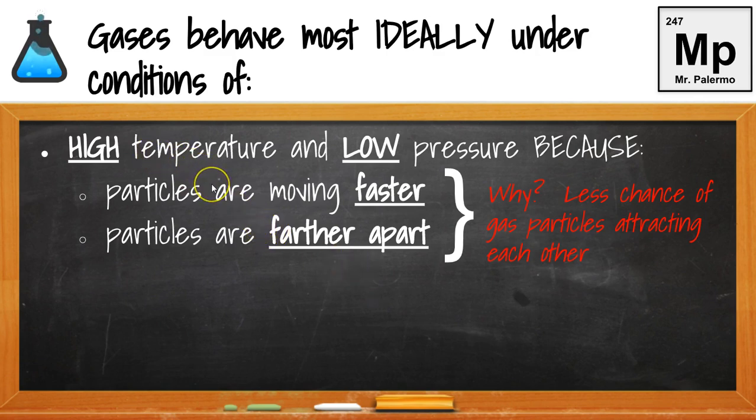Under high temperature, we have a lot of kinetic energy, and therefore the particles are moving faster. If they're moving faster, it's much harder for them to attract each other. Under low pressure, the particles are further away from each other. Again, if they're further away, just like when they're moving fast, it's harder for them to attract each other. So these two conditions make it much more challenging for the gas particles to attract each other, and that satisfies the assumption that gas particles have no attractive forces.